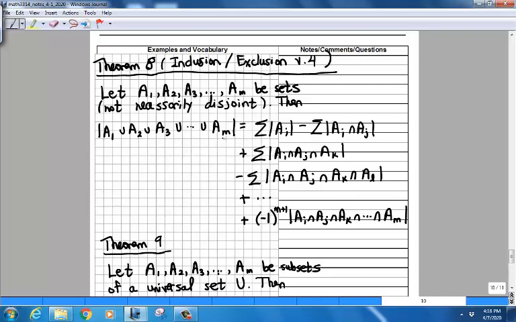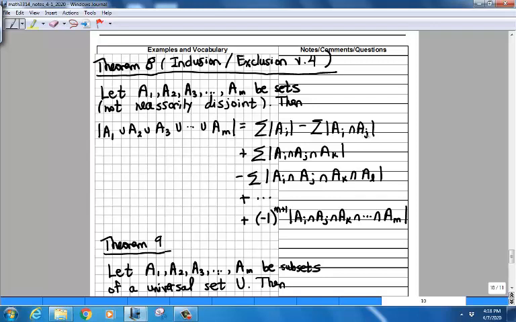Now, that overcounts though. Just like it did in version 2 and version 3 of Inclusion-Exclusion, this will overcount, so we have to compensate for the overcounting. First, we subtract off the cardinalities of the pairwise intersections.